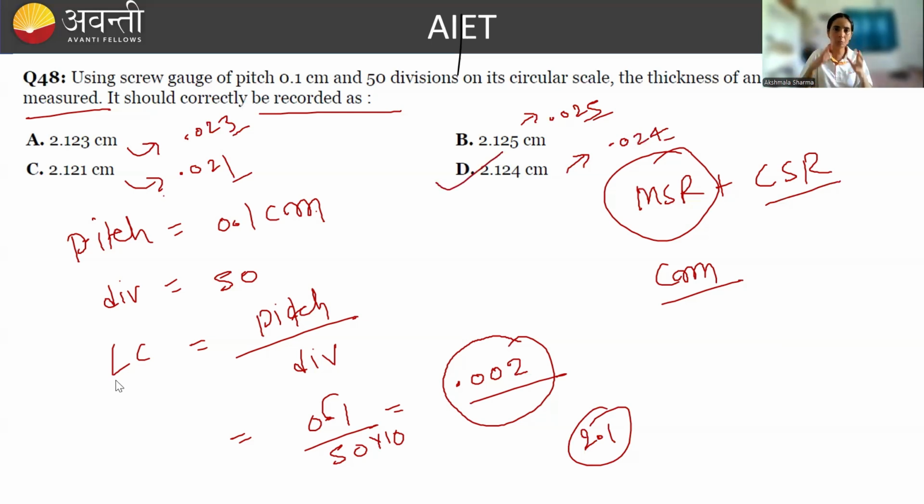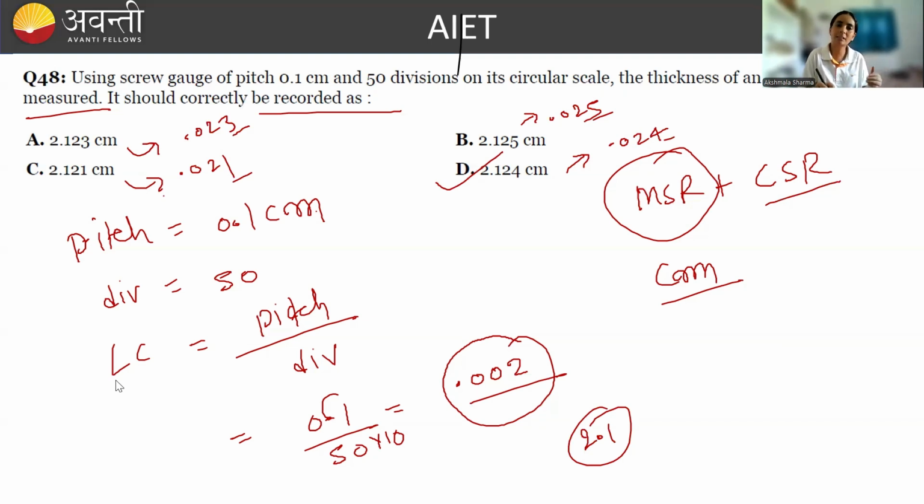So how can you easily do this question? You just need to remember how we measure on the circular scale. There are two readings, main scale reading and circular scale reading. On the main scale, we are measuring in the centimeter range, but the minimum reading the main scale can give is up to millimeter. So up to 2.1, that reading is of the main scale, and after that, whatever reading is in the options is of the circular scale.